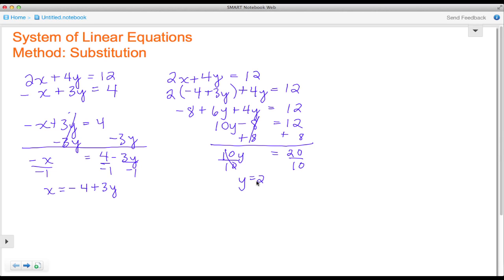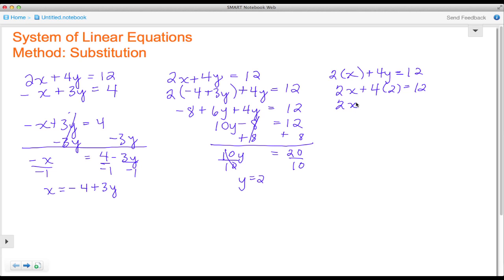Now I take this value of 2 and substitute it back into one of my equations. I'm going to substitute it back into the first equation. So here I have 2 times x plus 4y is equal to 12. I'm going to keep the 2x, and now instead of writing the y, I'm going to write a 2 in its place.